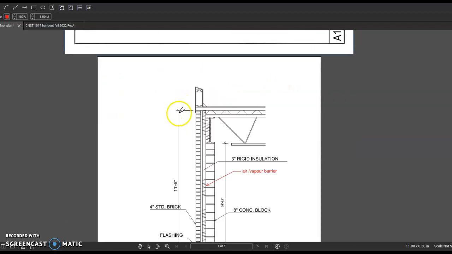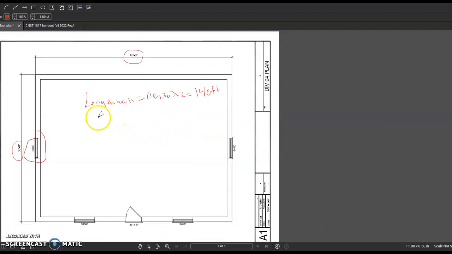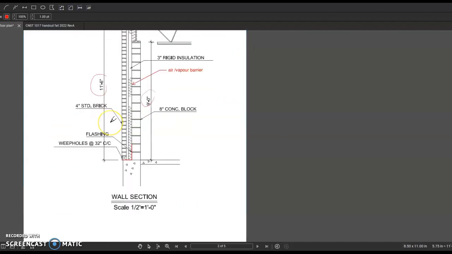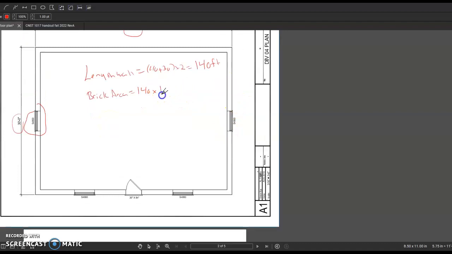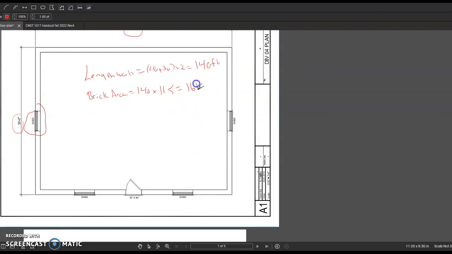Next I'm going to scroll down and see I have a wall section here, and I have 11 foot 6 for a height for my brick and 9 feet for my concrete block on the inside. So I can do brick area is equal to that 140 times 11.5, 1610 square feet.